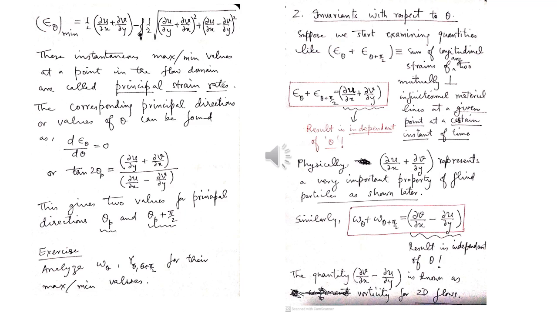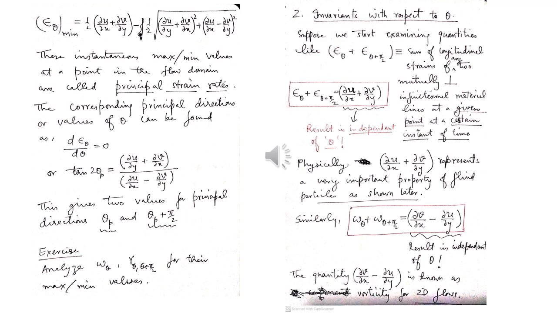So if you take any infinitesimal mutually perpendicular pair of material lines at any point in the flow field at a certain instant of time, then this quantity del v del x minus del u del y will come out the same for any pair, giving you the same value of omega theta plus pi by 2.